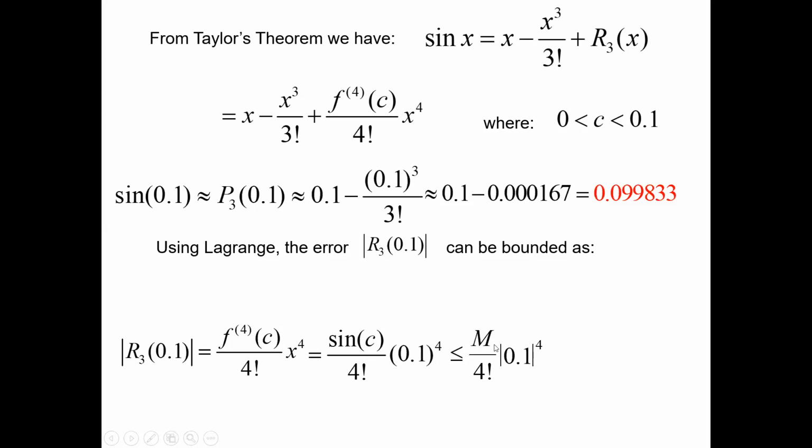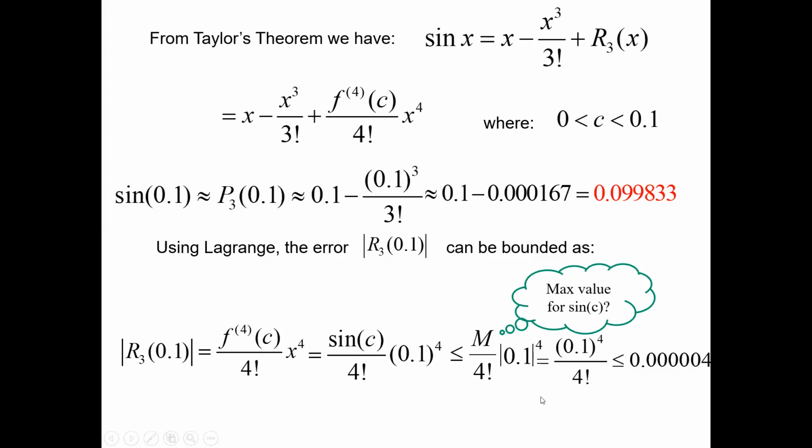So what is the highest possible value that the sine function can take on? Think about your basic sine curve, sine and cosine for that matter. Your basic sine curve ranges from -1 to +1, right? Picture the graph in your mind. The highest value for your basic sine curve is 1. So this max value is 1.